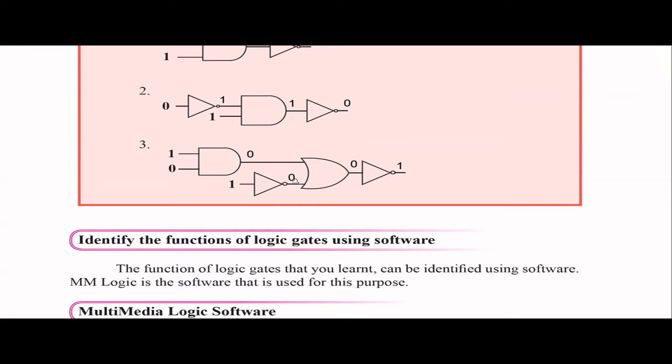So this will become 0, 0, and 0. So in the OR gate, we know if at least one input is 1, then you will get output as 1, right? So here both inputs are zeros, so your output will become 0, right? And here this is a NOT gate, so it will negate the input, so 0 will become 1 here, right? So this is a very clear thing. So try this the same way I have done, so you won't make any mistakes.